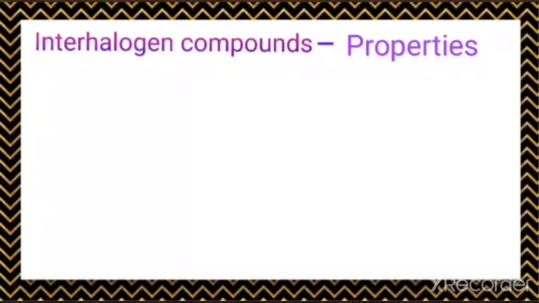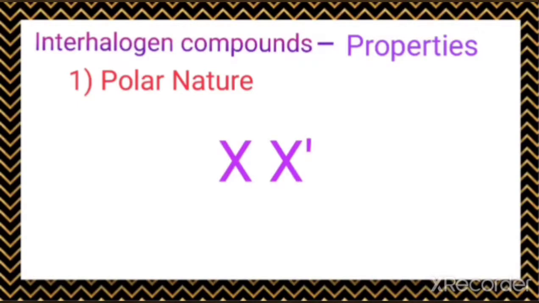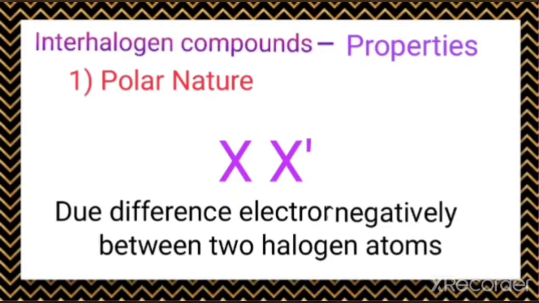Next, the properties of interhalogen compounds. First, polar nature. They have polar nature because all the compounds are covalent. Let us take an example, XX dash. Here, X and X dash are the two different halogens. Because of the difference in the electronegativity between the two halogen atoms, X will develop a partial positive charge and X dash will develop a partial negative charge.